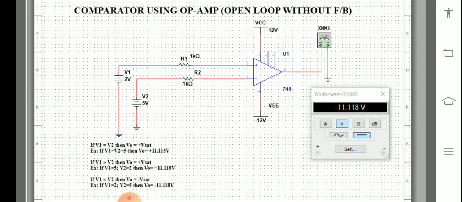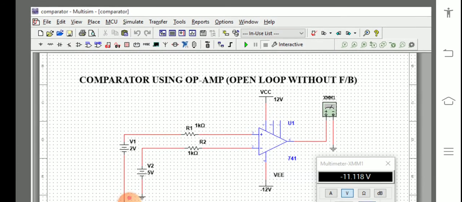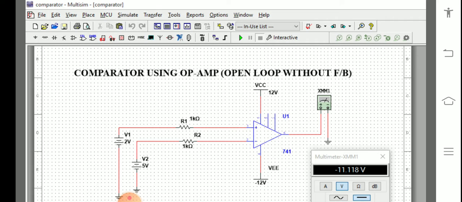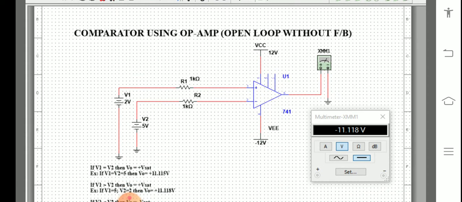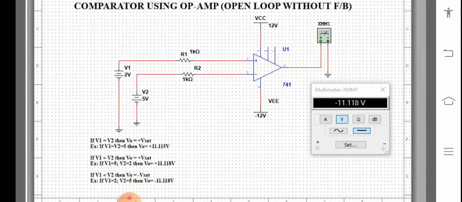I'm taking the components from the file, in the component option: the 741, resistances, V1, V2 and your multimeter in order to get your voltage. Here I have given 2 volt and 5 volt.